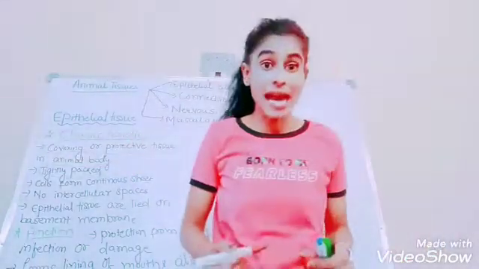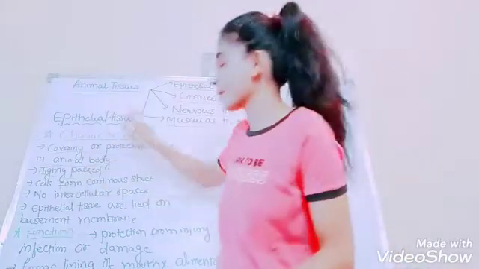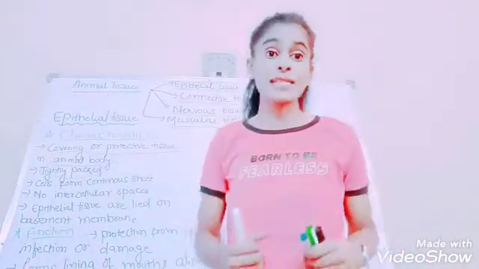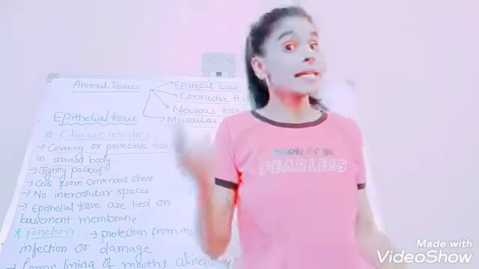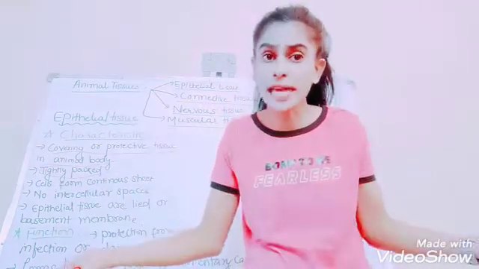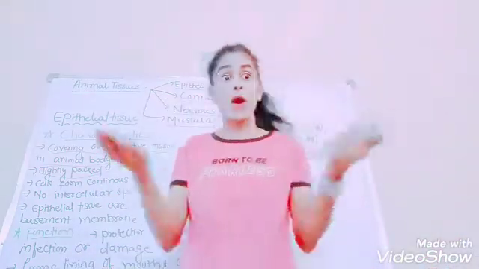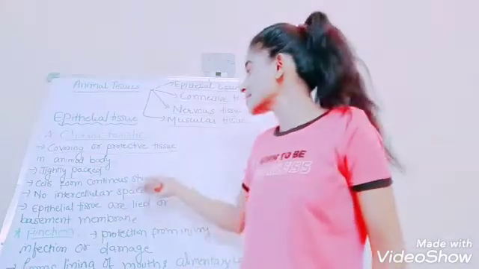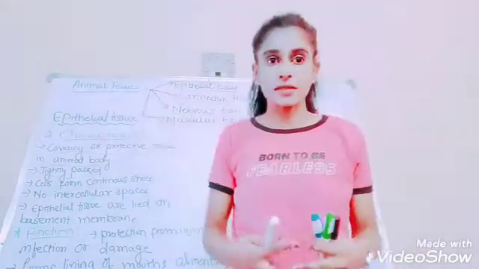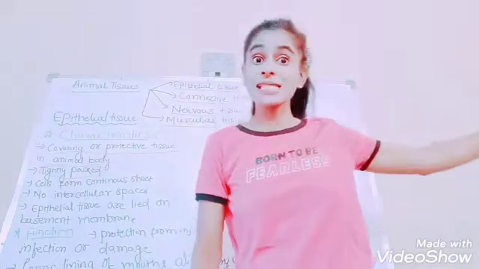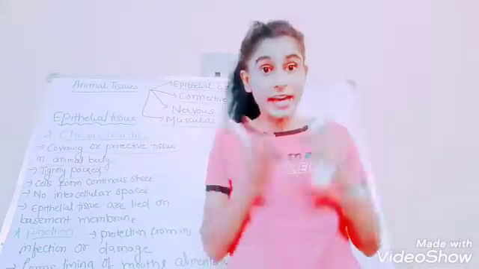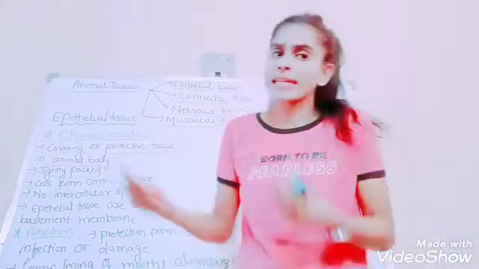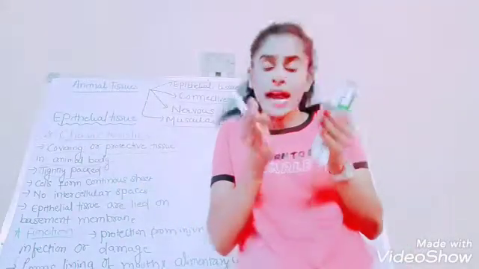The thing to remember is that the cells of epithelial tissues are very compactly present, very tightly packed. That means there will be no intercellular spaces. In plant cells too, I told you that if there are spaces between the cells, any material can come inside and remain there.